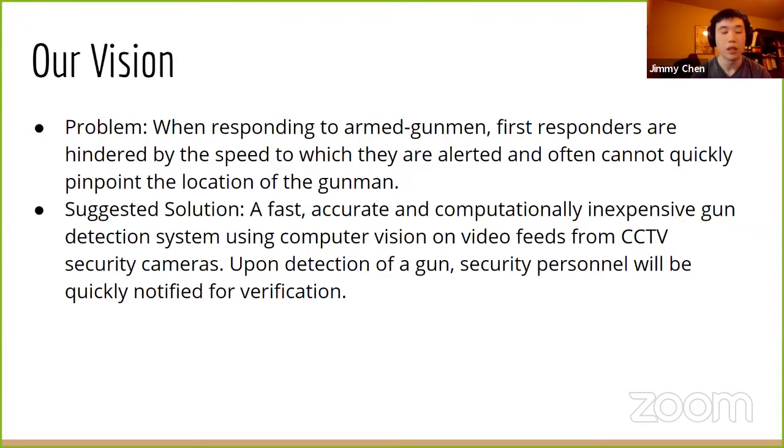Additionally, they're unable to accurately pinpoint the location of a gunman on a large campus, where, say, a gunman is in the middle of a school but authorities are unaware of where exactly. So our proposed solution is a fast, accurate, and relatively computationally inexpensive gun detection system that can hook into existing CCTV cameras. Once a gun is detected through our system, security personnel can be quickly notified.